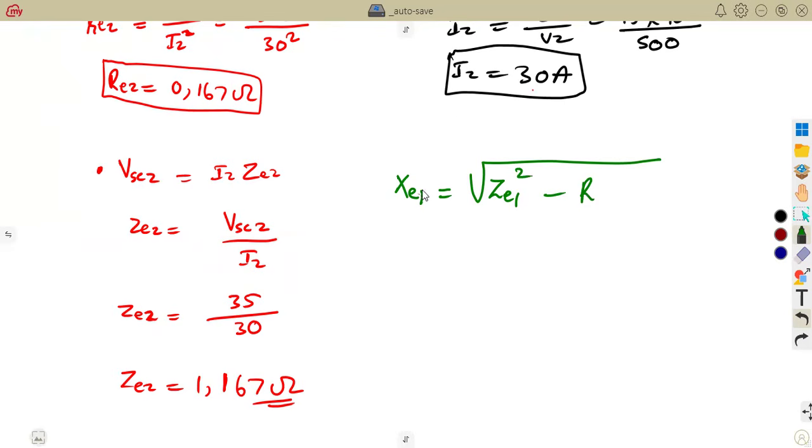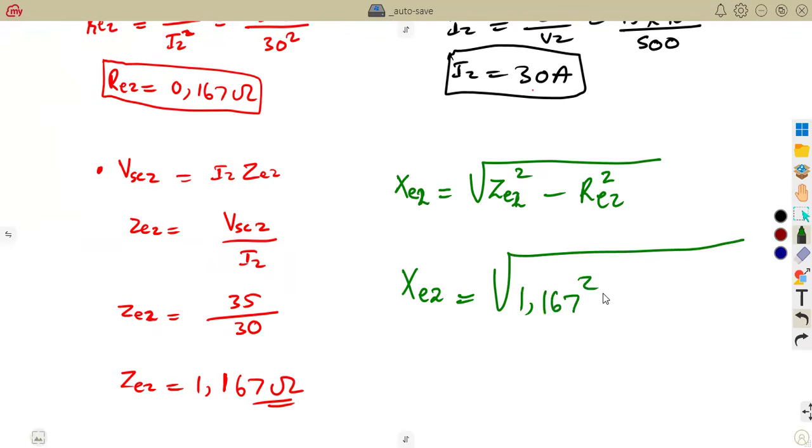Oh, guys, we are dealing with the secondary side, remember. Now I'm taking the primary. This is the secondary side. So let's calculate our equivalent reactance. That's the square root of 1.167 squared minus our RE there, 0.167 squared. That gives us the equivalent reactance of 1.155 ohms, just like that.